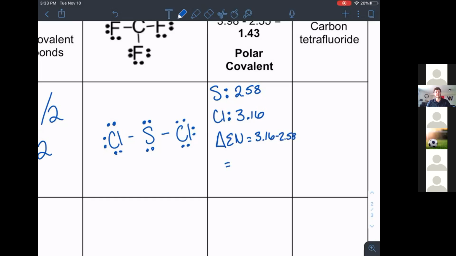And what do we get for our electronegativity difference? 0.58. So is this a polar covalent molecule or non-polar covalent molecule? Polar covalent. Awesome.